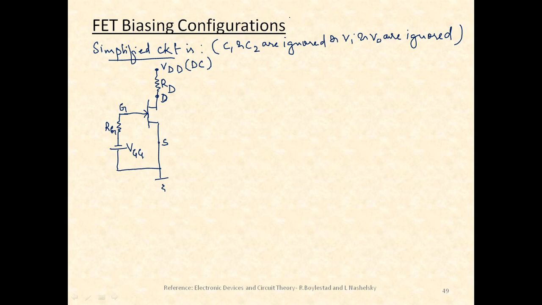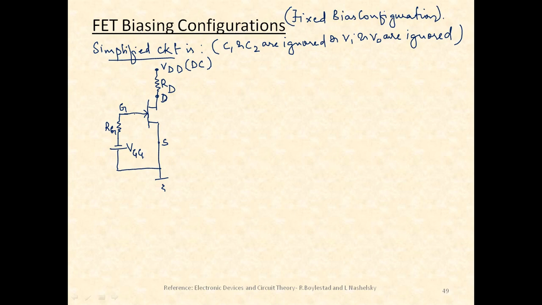Why do we call it a fixed bias? The reason will be clear in a minute or so. So I'll be writing it as fixed bias configuration. And why do we call it a fixed bias? The reason will be clear shortly.